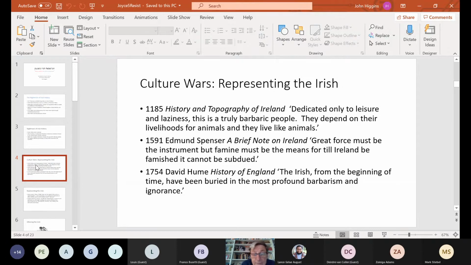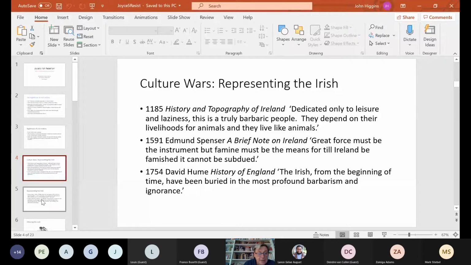In 1754, the great philosopher and historian David Hume, in his very popular and influential History of England, summing up some centuries now of cruel representations of the Irish, simply states that the Irish, from the beginning of time, have been buried in the most profound barbarism and ignorance.